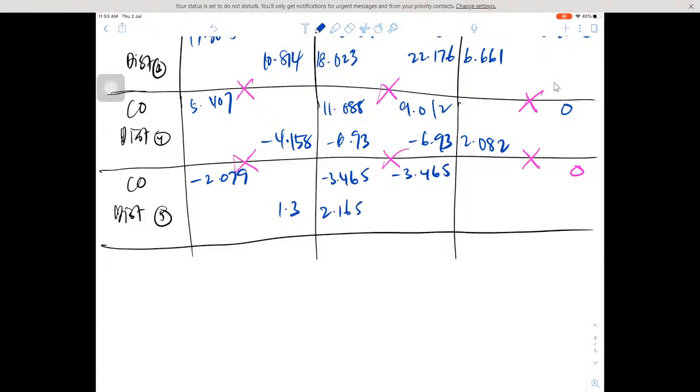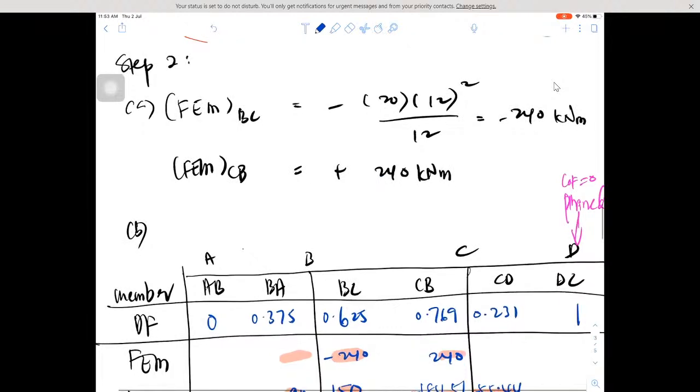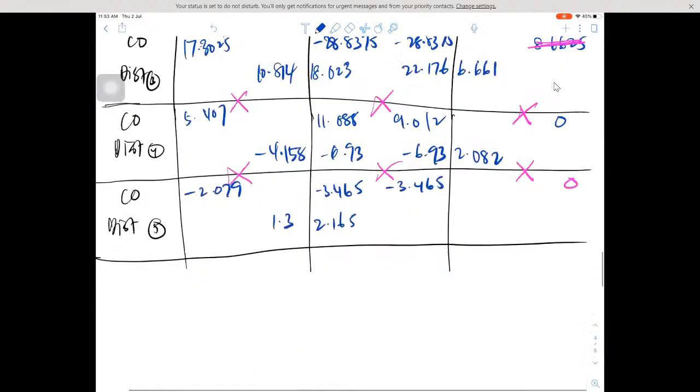Then 2.165, and 3.465 times 0.769 is 2.665. Positive 0.8. At distribution, we change the sign.